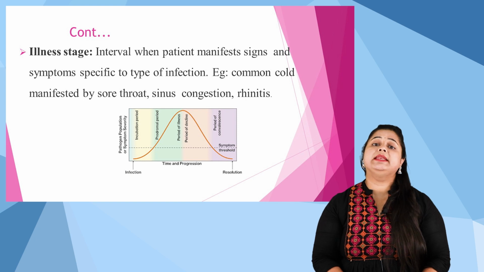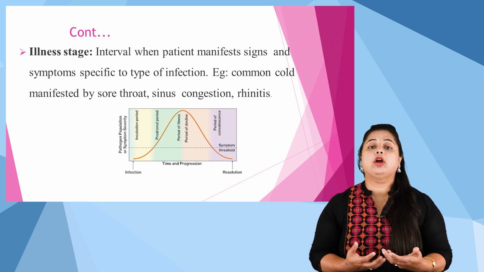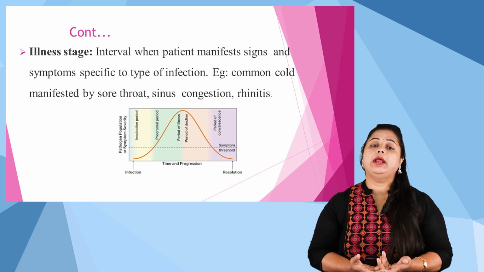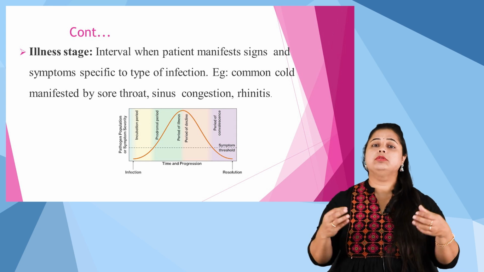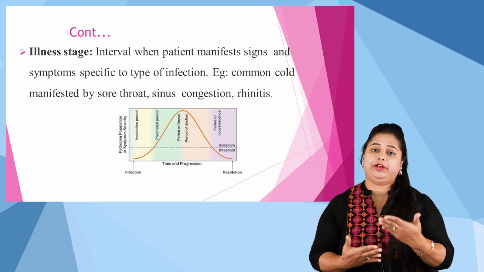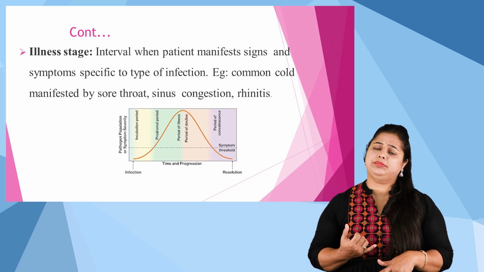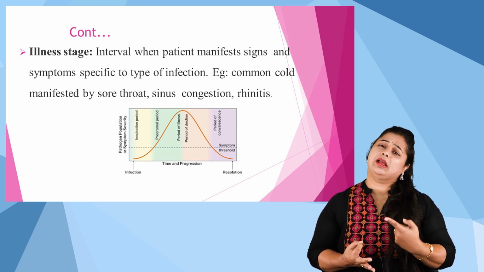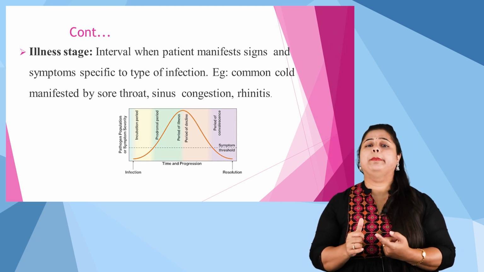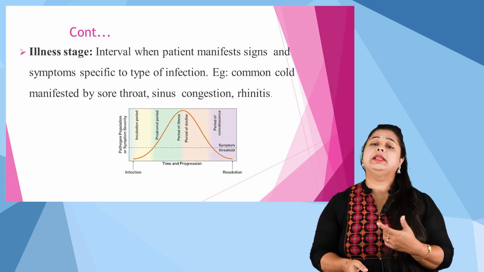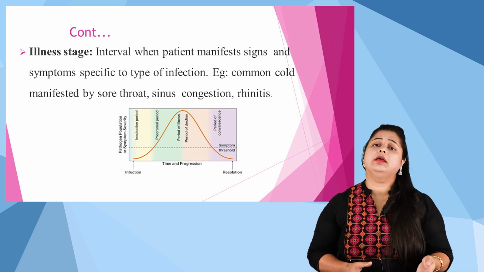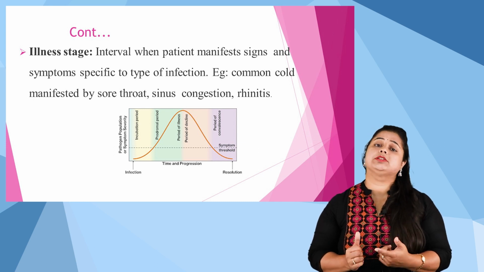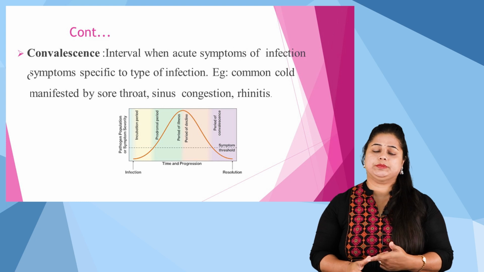Next is the illness stage. The word itself says that there is an exhibiting of illness. Here the exact features come and they will show the infection: maybe increased temperature, sinusitis, cold, congestion, breathlessness, breathing problems, all those things are caused at this stage, called the illness stage.